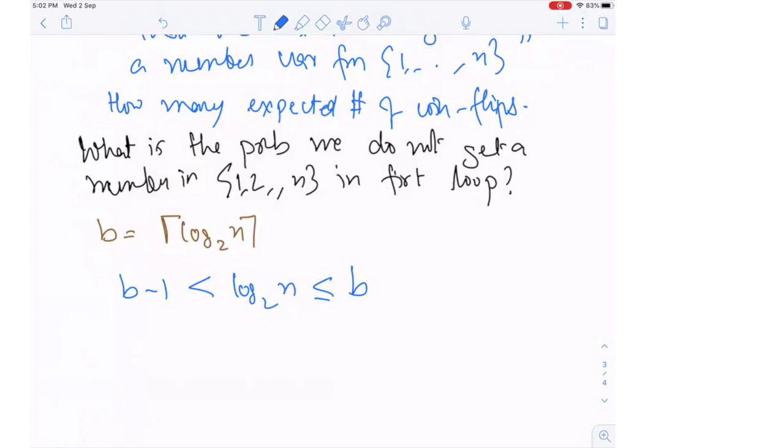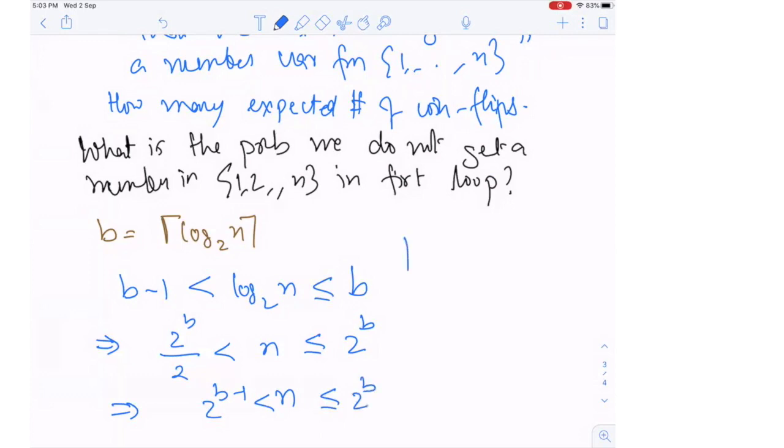So log n is strictly greater than b minus 1, but log n is less than or equal to b, because it's a ceiling. So maybe it is some b minus 1 plus a fraction, so it is b, but it could also be equal to b. This implies that 2^b divided by 2 is less than n, which is less than or equal to 2^b. So n is between 2^(b-1) and 2^b.